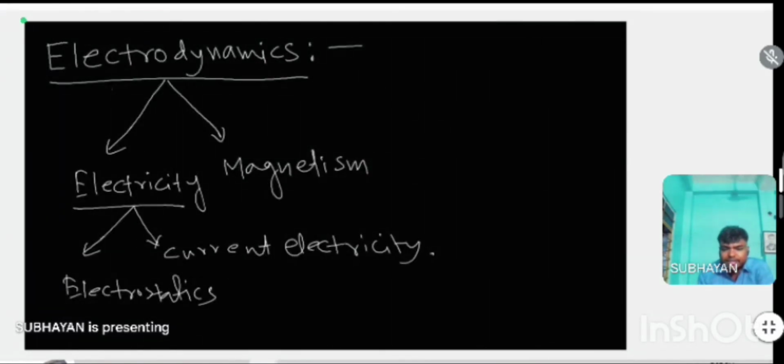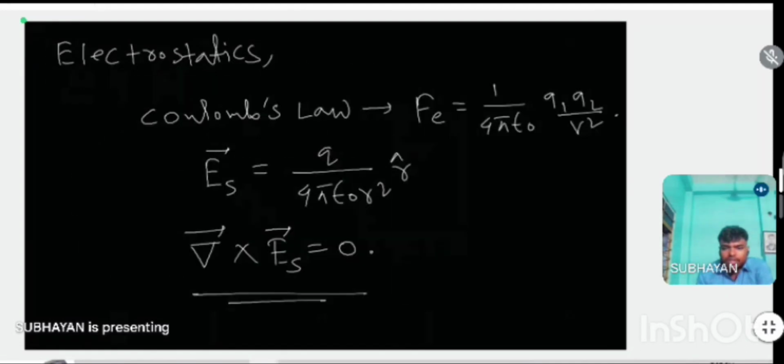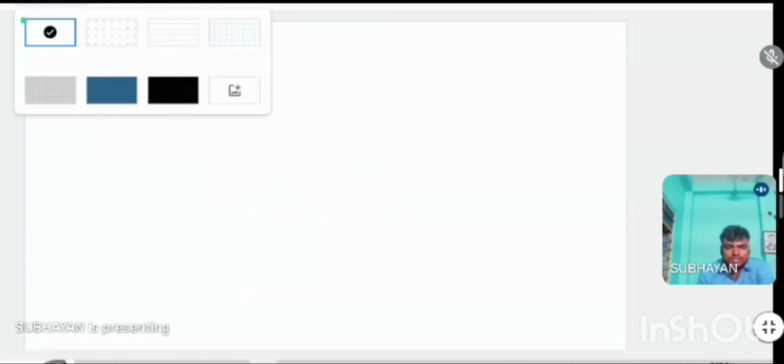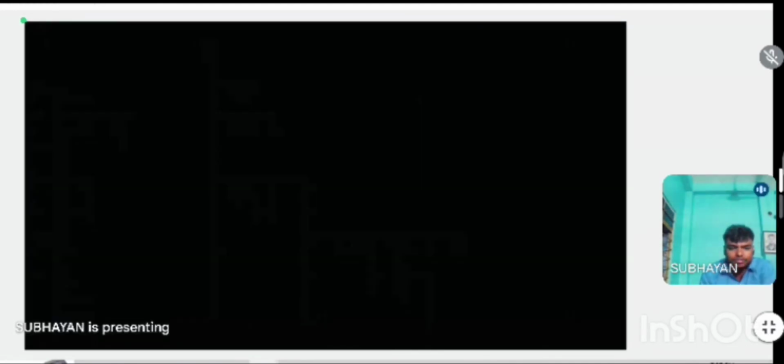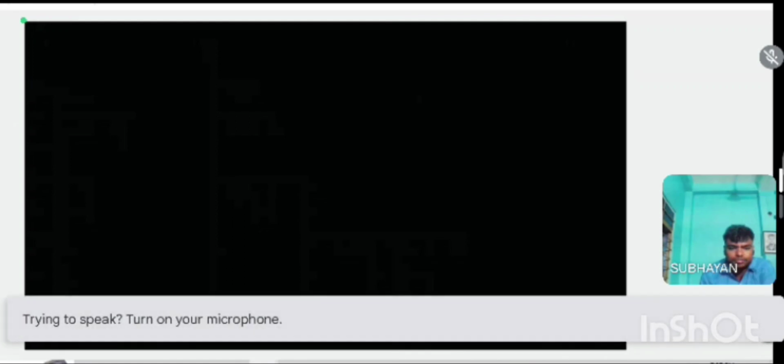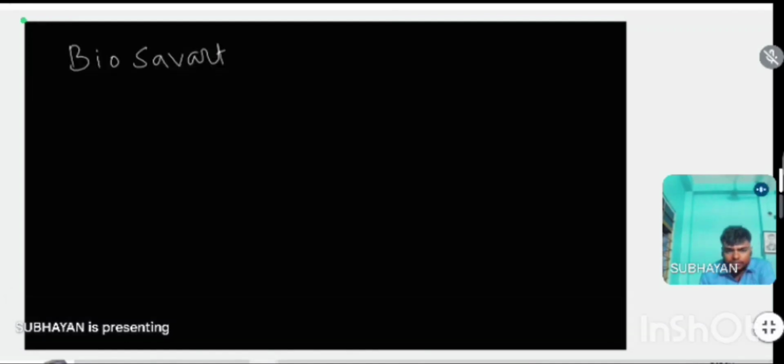Then you have magnetism. In magnetism, we have studied the Biot-Savart law. The Biot-Savart law dictates that a current carrying element, that means a moving charge, can produce some magnetic field.